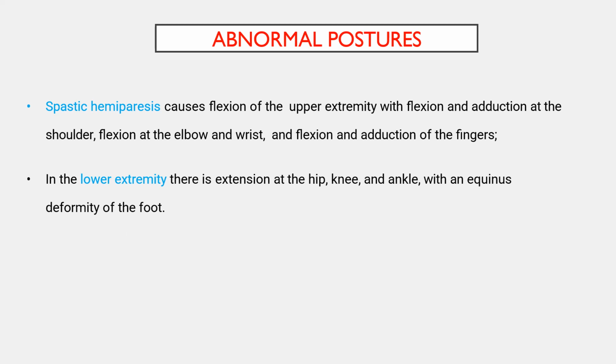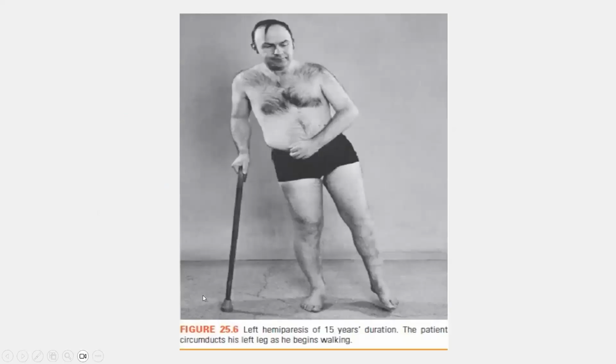That will classically cause circumduction gait and an inward rotated upper limb. As all of you know, this picture depicts left hemiparesis. The patient has an adducted, internally rotated, flexed upper limb and an extended, externally rotated lower limb.